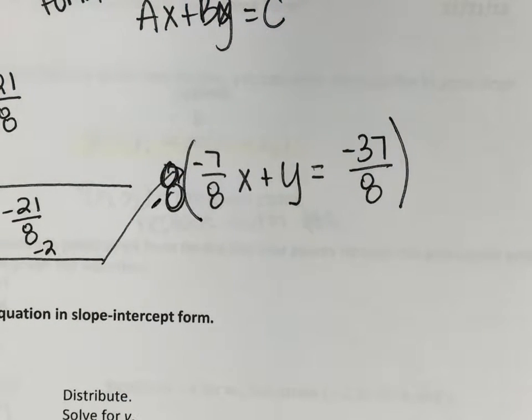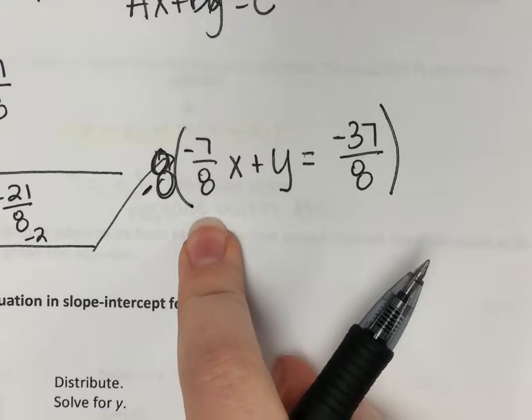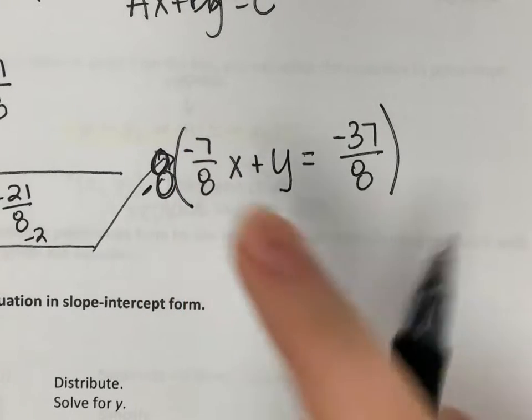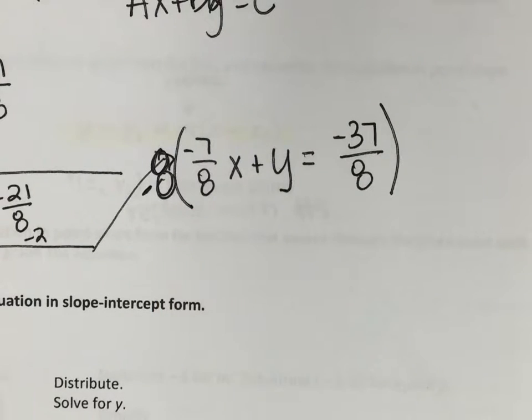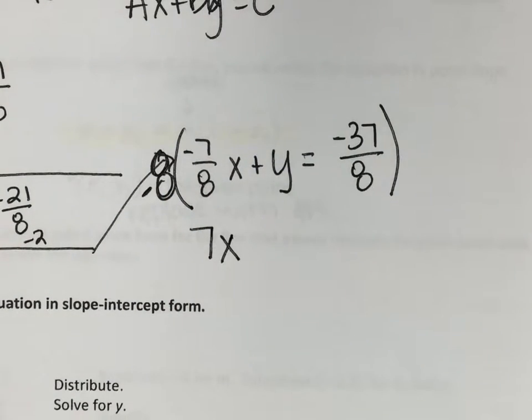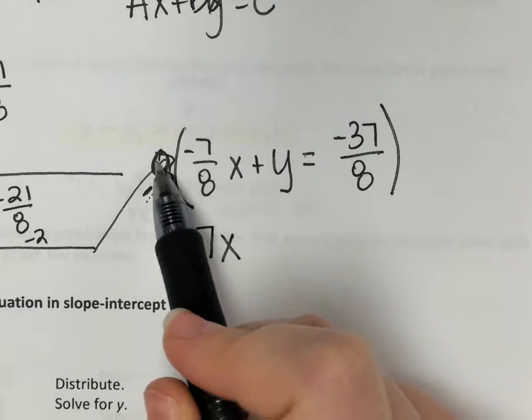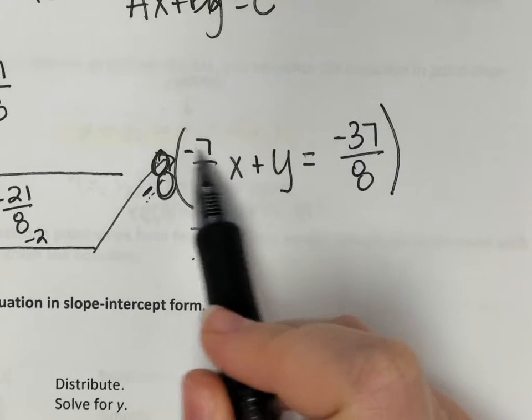So we can get rid of 2 problems in one. Negative 8 times a negative 7/8 leaves us simply with positive 7x. Why is it not negative? Because I'm multiplying by negative 8. A negative and a negative make a positive. 8 divided by 8 leaves us with this.